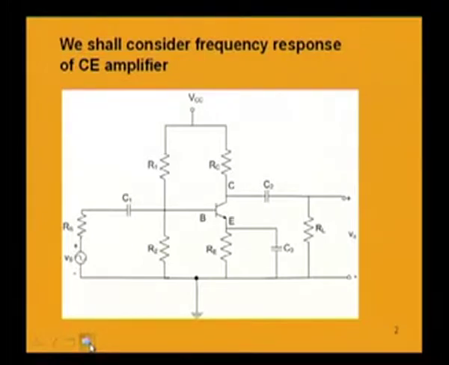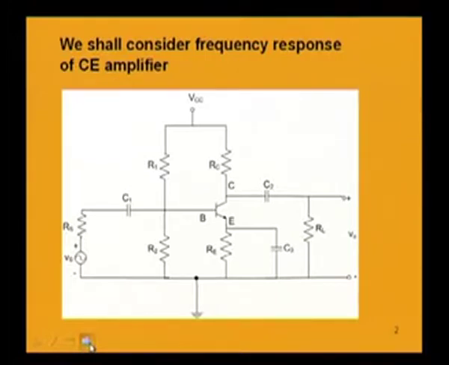Under AC condition, these were assumed to be short circuit, because at the frequency at which the signal was applied, the capacitive reactance offered by these coupling capacitors was small enough, since we selected high values of capacitances, so effectively we can assume the reactance is very small, like a short circuit.